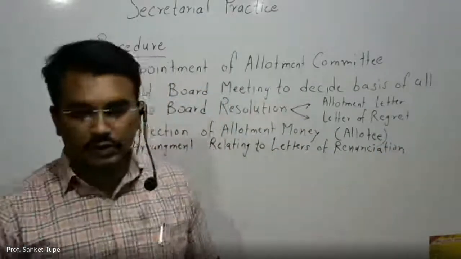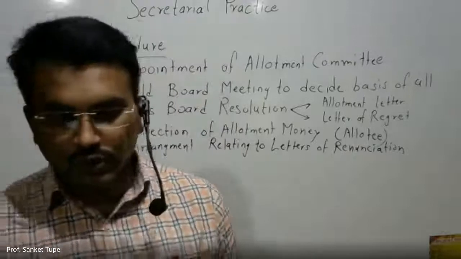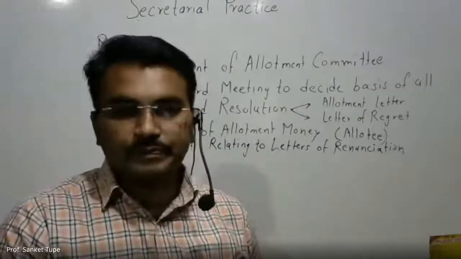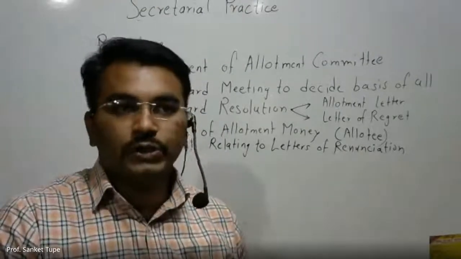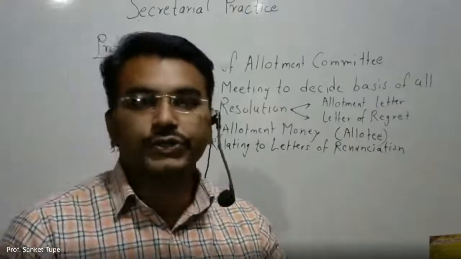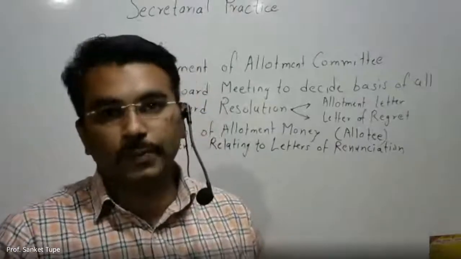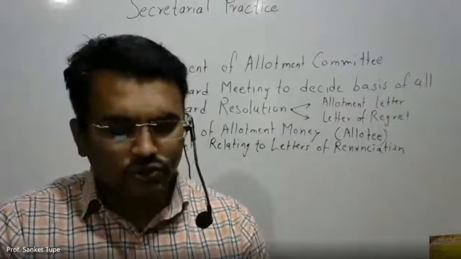Here it is also called renunciation. So this renunciation means the person who is going to be the shareholder instead of the person who has been allotted. So, in short, it is a nominee.